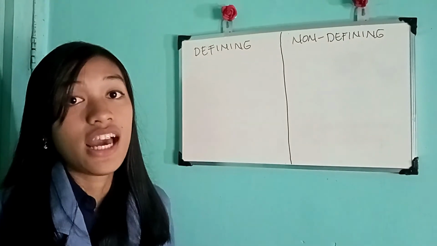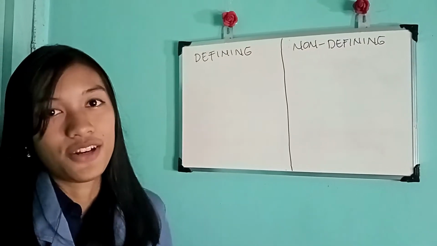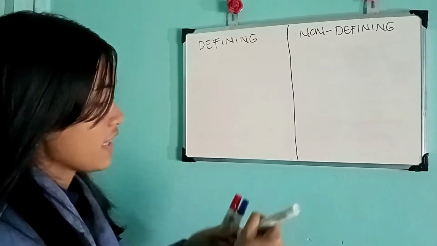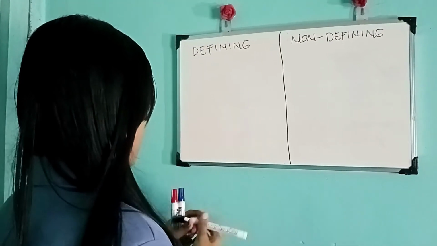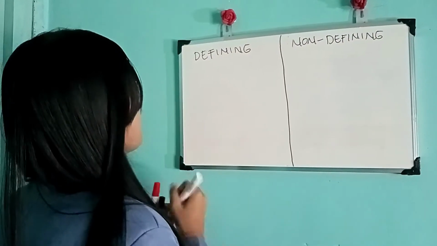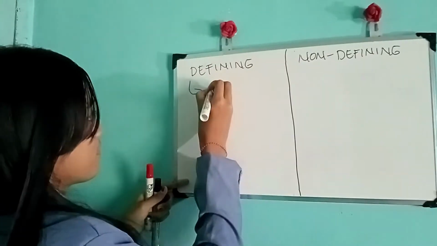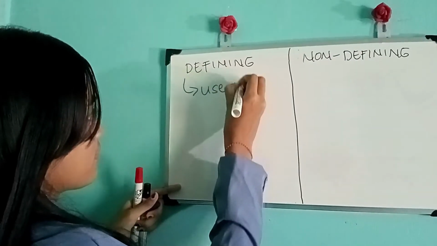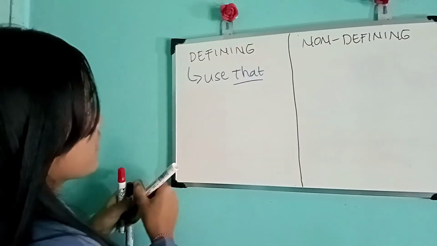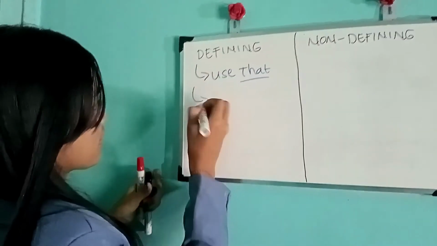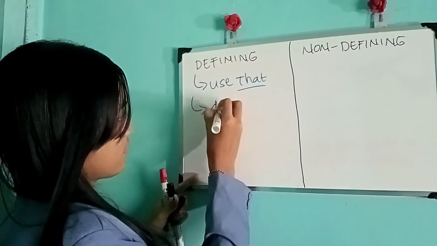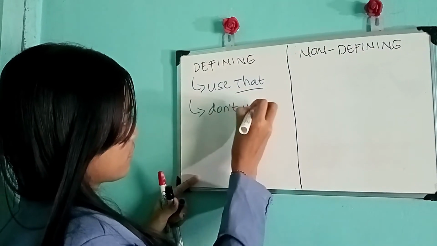Let's see the other difference between defining and non-defining. For defining relative clause, use that and don't use a comma.